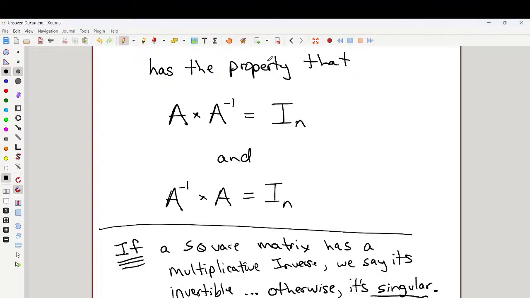Before we actually get to it, if a square matrix has an inverse, we say it's an invertible matrix, but otherwise we call it singular.